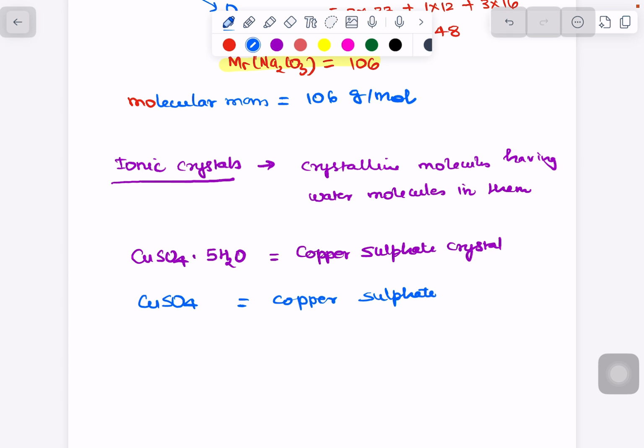Neither do we say powder nor crystals. Now, if there is water molecule present in the molecule, like CuSO4.5H2O, we call them copper sulfate crystals, or crystalline molecules. Or we also call them hydrated molecules.